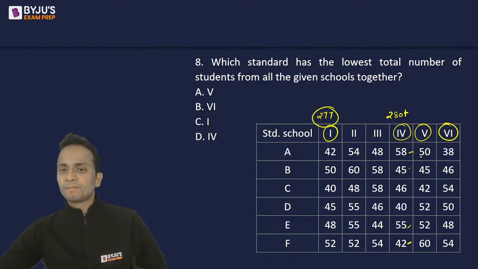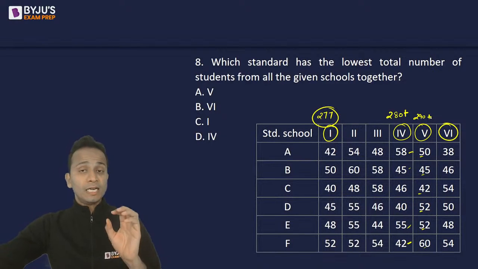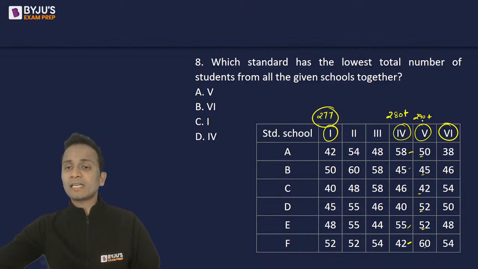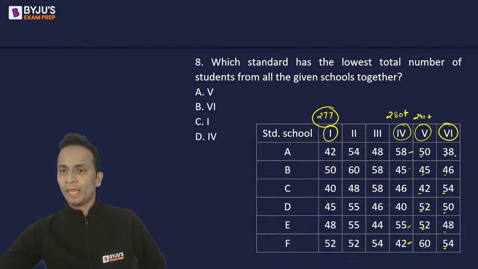Standard 5, 90, 130, 230, 290. So it is 290 plus. I'll not consider that. Understand, I'm not calculating the exact number of students because these numbers are more than 277. Okay. Last, 38, 46, 70, 170, 260, 270.